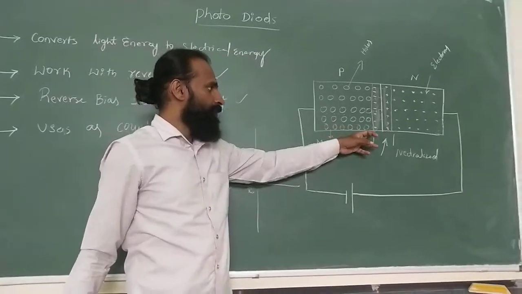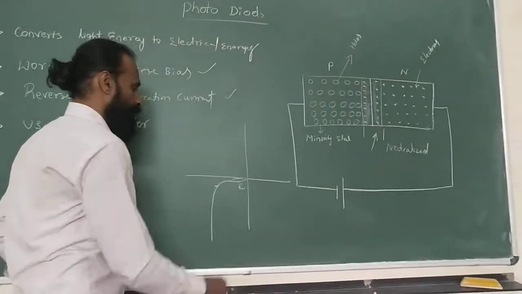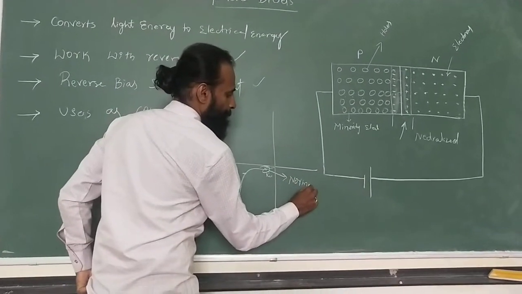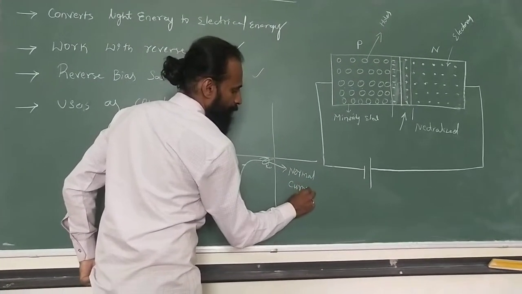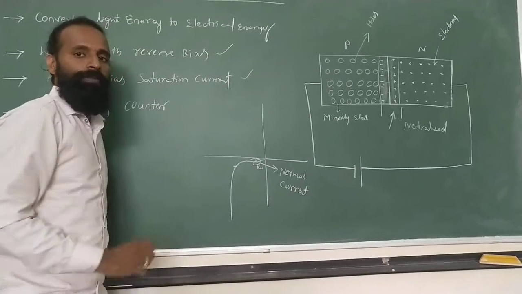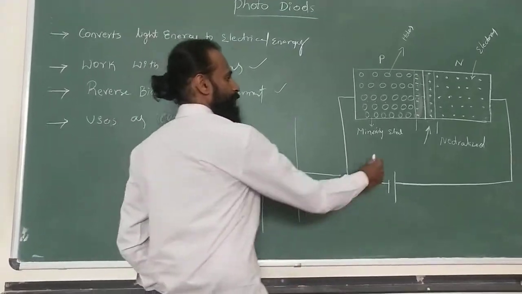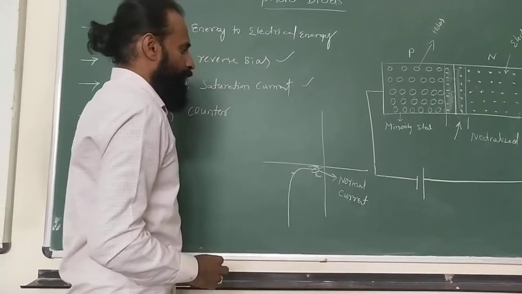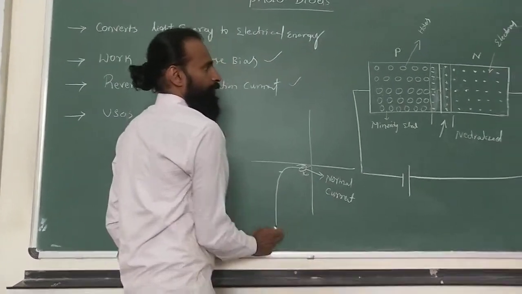It always flows as the reverse saturation current. This current is called the normal current, and it flows from this direction to this direction.